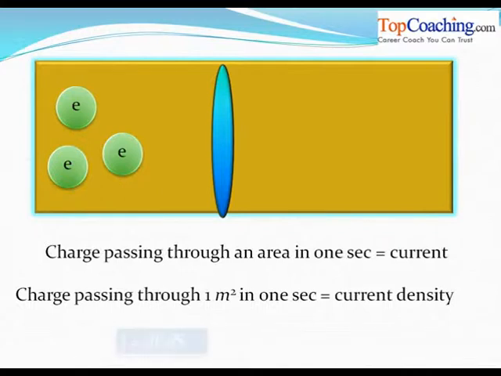Current density is generally represented by the symbol J. As you can see, J is di by ds, current per unit area. Understood?